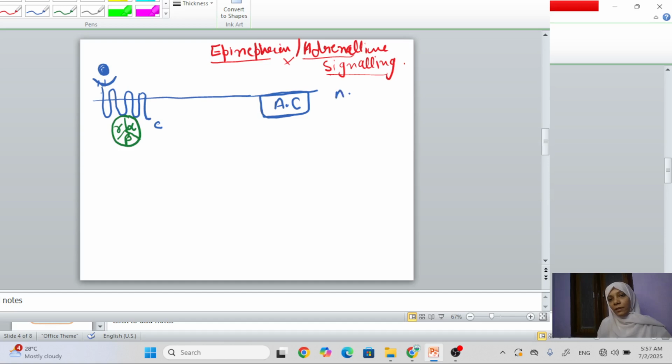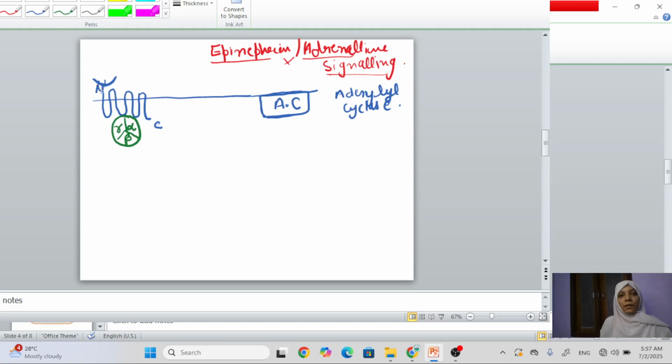That is the adenylyl cyclase enzyme. Okay. Whenever this epinephrine molecule is not present, here is the N-terminal.